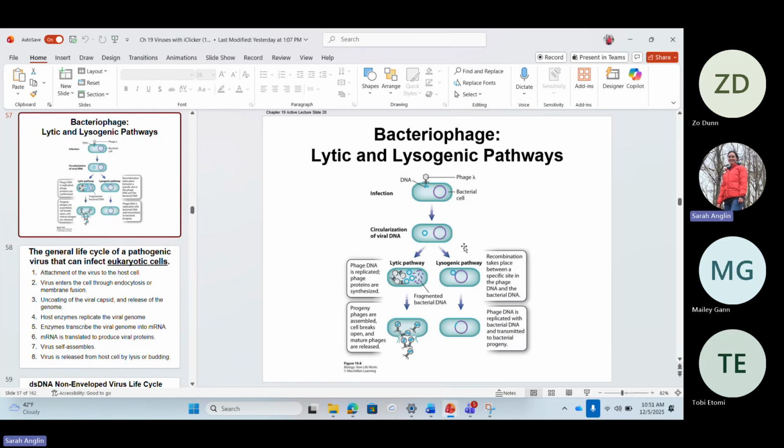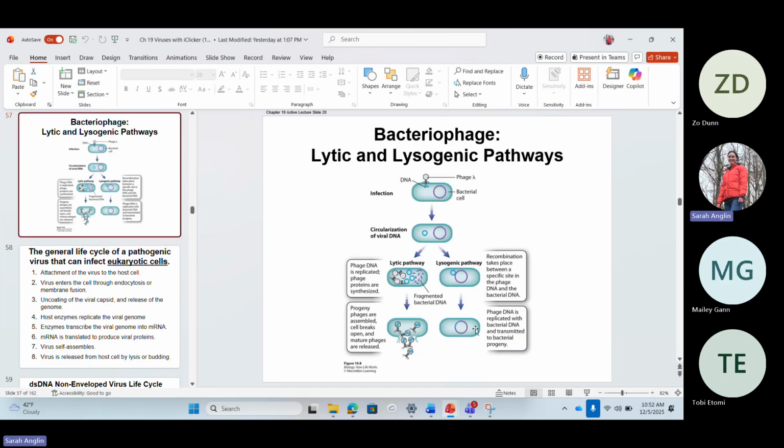The other possible pathway is a lysogenic pathway, where that genome is going to be incorporated into the genome of the host cell. You can kind of think of this as the genome hiding out and behaving itself; it's not active, it's dormant.